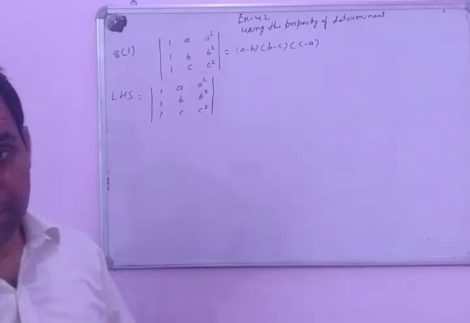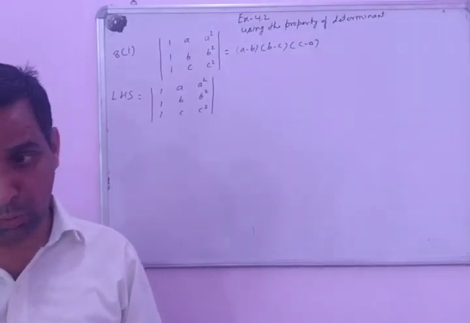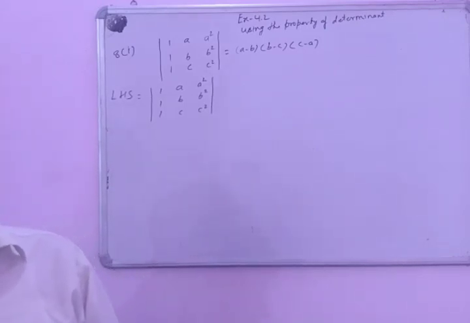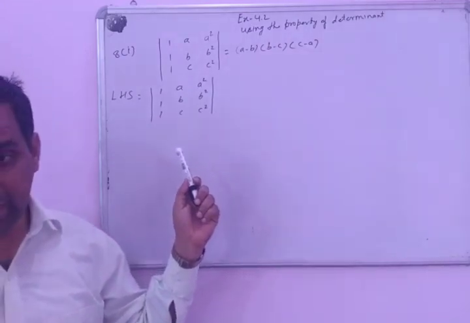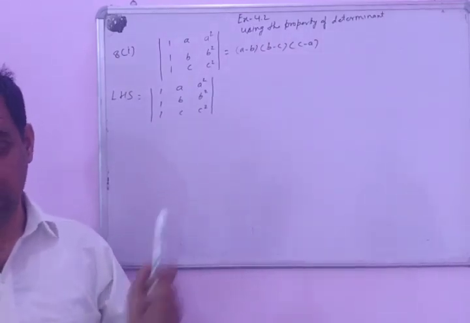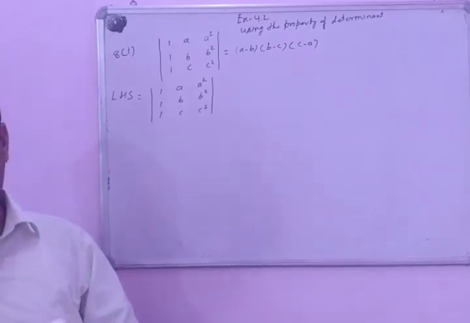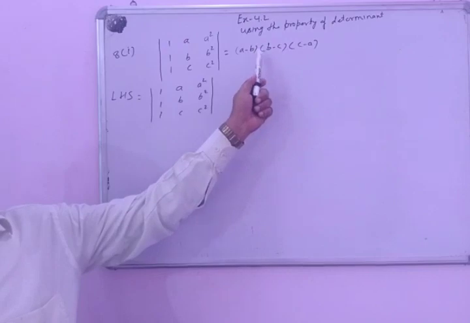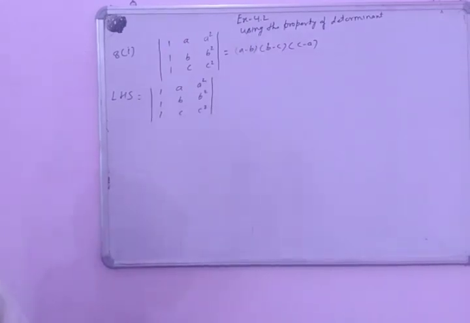You expand along the row and column having the maximum 0s, then it is easier to find the value of the determinant. Remember it: you make maximum 0s, then expand, then it will be easier to find the value of the determinant. According to this property, these rules, I will solve.